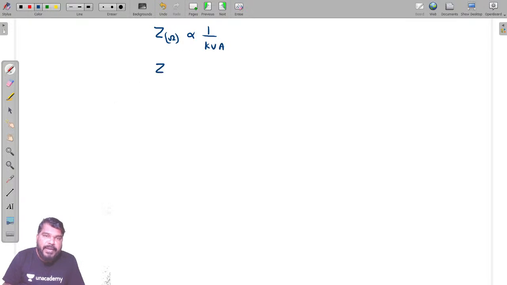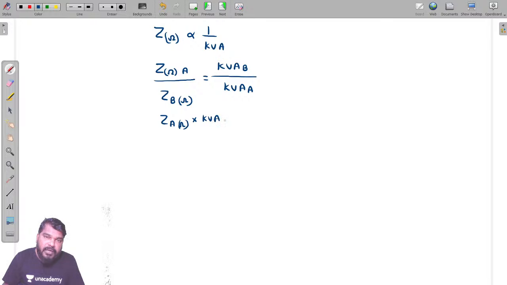The ohmic impedance of transformer A over the ohmic impedance of transformer B is equal to the kVA rating of transformer B divided by the kVA rating of transformer A. Now simplify this: the ohmic impedance of transformer A into the kVA rating of transformer A is equal to the impedance of transformer B into the kVA rating of transformer B.